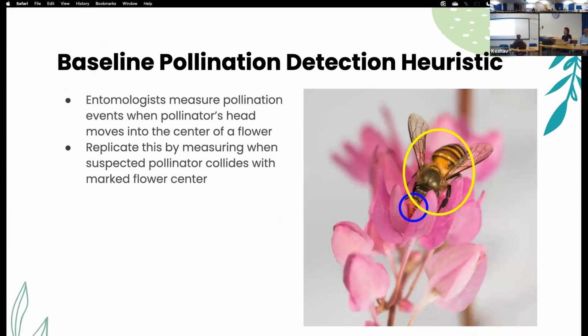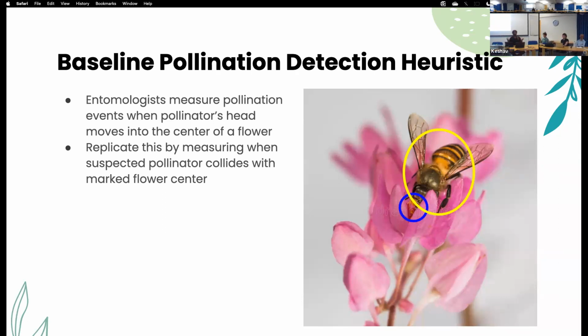Next, we can talk about how we can actually take this extracted insect information, this extracted insect format, and turn that into actual event tags. The first way, as mentioned before, is a baseline that is based on existing methods for detecting pollination events by entomologists. The common way that entomologists do this is to simply look at when the head of the pollinator dips into the center of the flower.